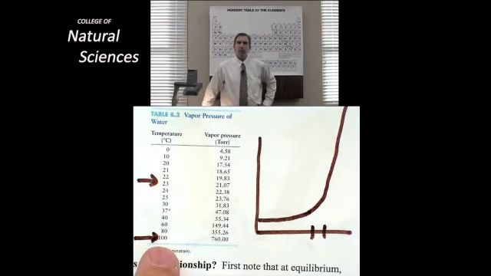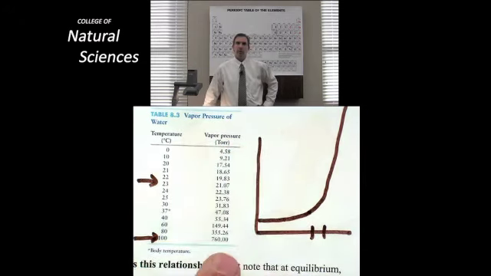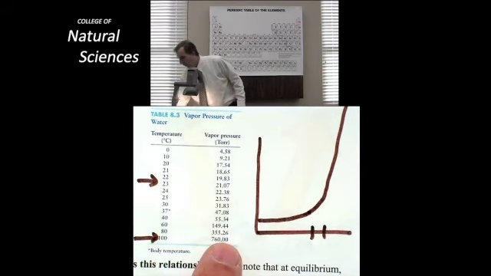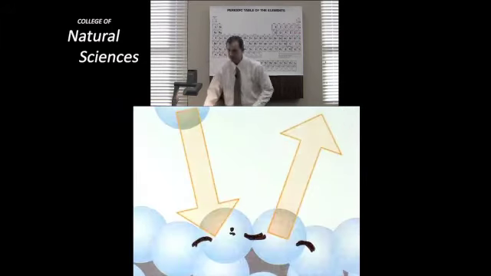At the boiling point of water, 100 degrees Celsius, that is the definition right there, that at the boiling point, the vapor pressure that is realized is equal to the atmospheric pressure. Why? Because it is at that point that I actually have bubbles forming down inside the liquid.